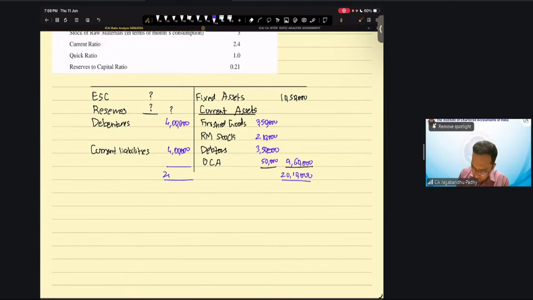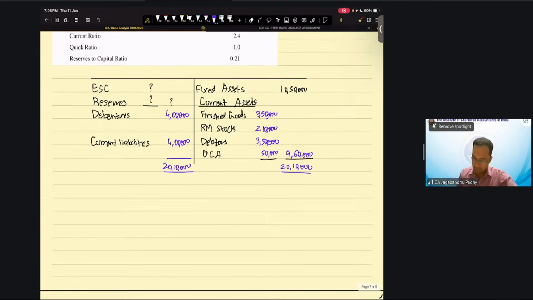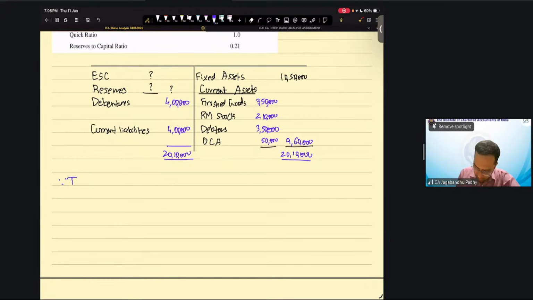Obviously, that same total should be even for the liabilities, right? So we can say since total liabilities should be equal to total assets, which is equal to 20,10,000.